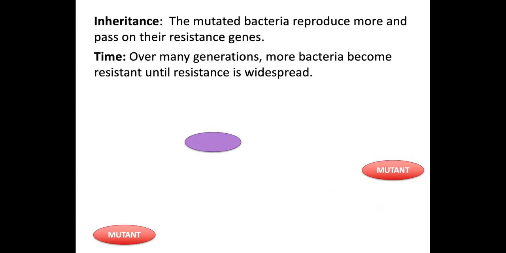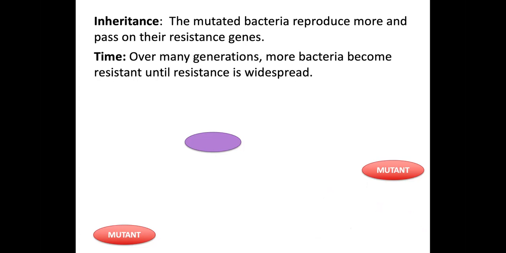Now, when we get to the inheritance piece, the mutated bacteria reproduce more and more, and then they pass on their resistance genes. So these red mutated bacteria are now going to reproduce. So every time they reproduce, they're doubling, okay? But we still have this regular bacteria here.